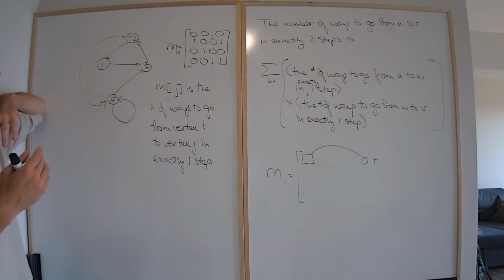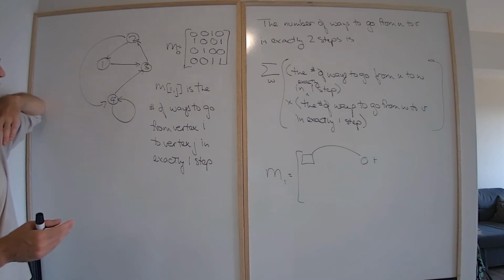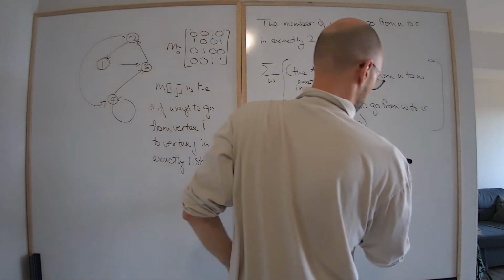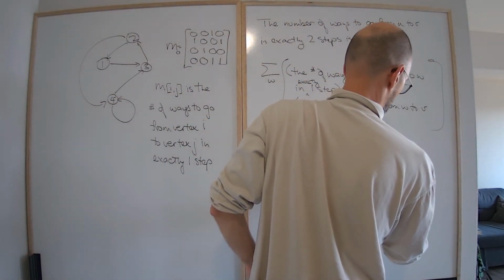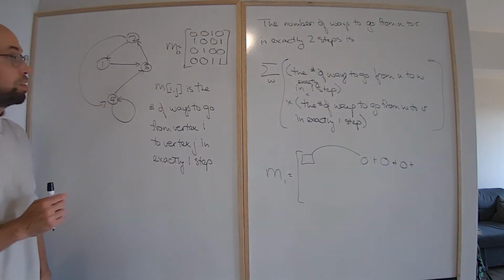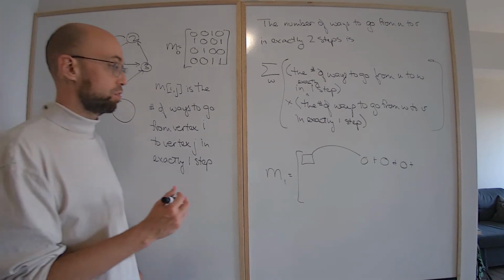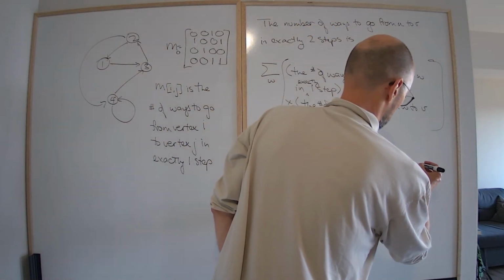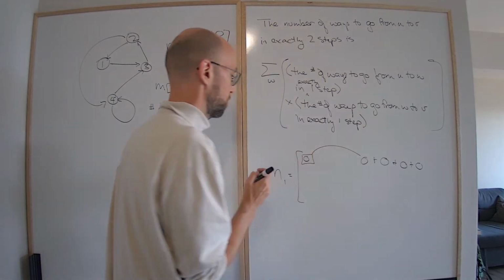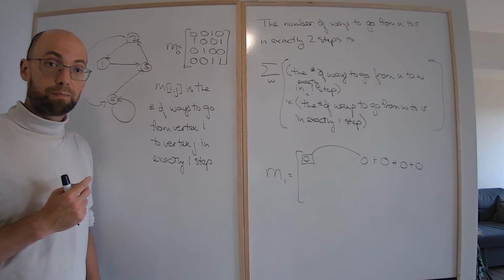Number of ways to go from vertex 1 to vertex 3, which is 1, times the number of ways to go from vertex 3 to vertex 1, which is 0. So 0, 0. And then the number of ways to go from vertex 1 to vertex 4 in one step, times the number of ways to go from vertex 4 to vertex 1 in one step, which is 0. So this is all 0. Okay, surprise, surprise. There is no way to go from vertex 1 to vertex 1 in exactly 2 steps.